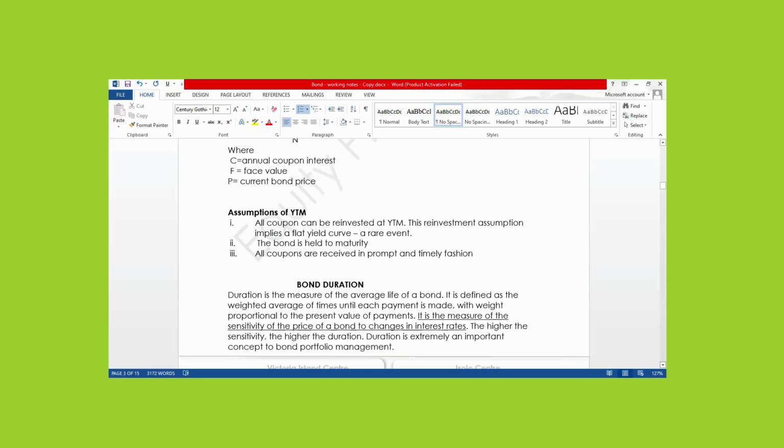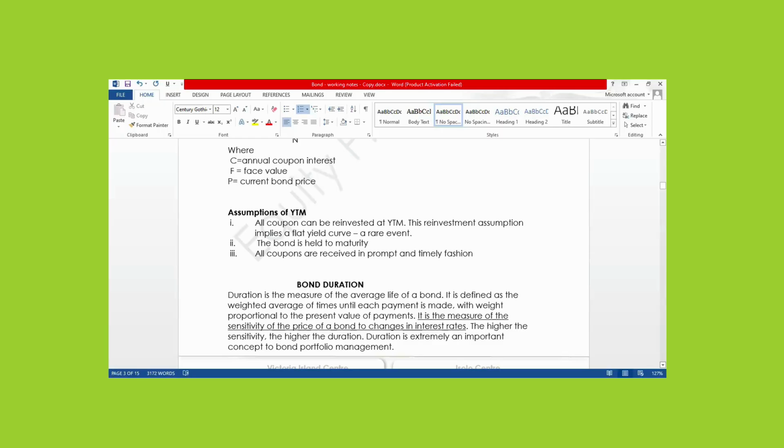Number 2 assumption: the bond is held to maturity, meaning that the investor will not sell the bond prior to maturity. You are going to hold the bond until the bond matures.